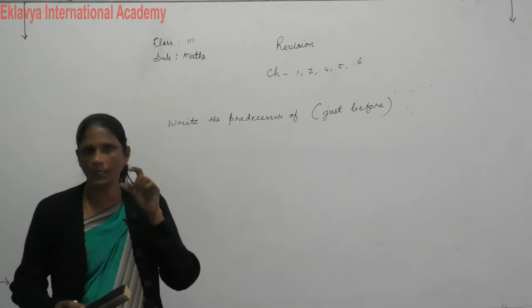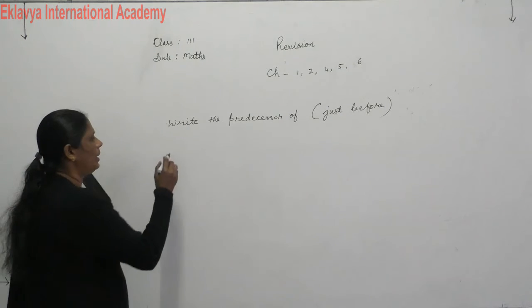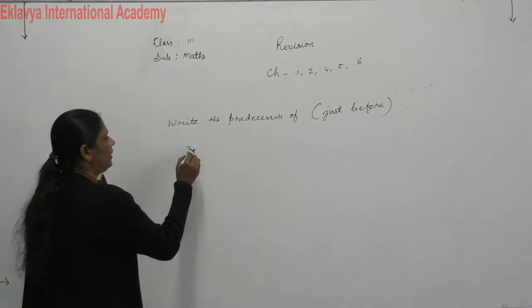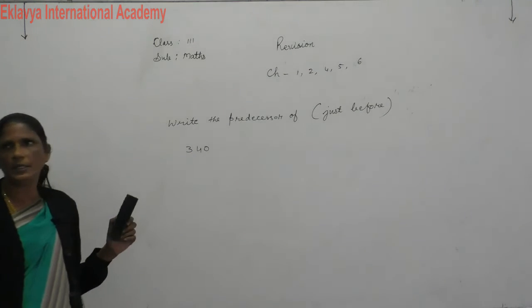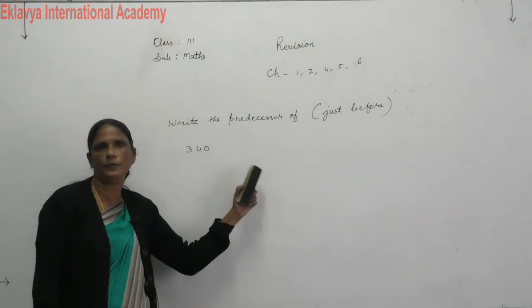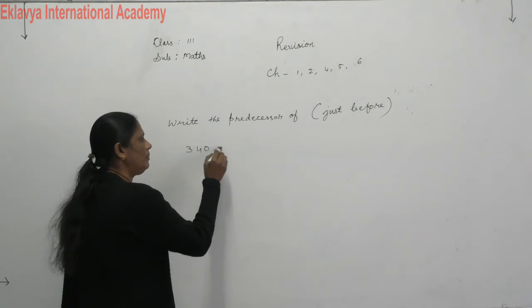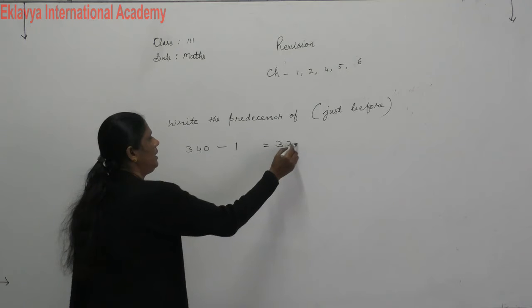To get a predecessor, we subtract 1 from the given number. Then 340. What is the predecessor of 340? You subtract 1, 340 minus 1 is equal to 339.